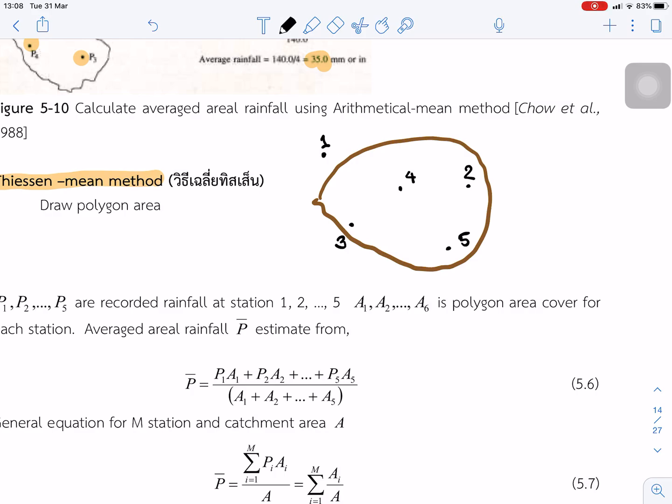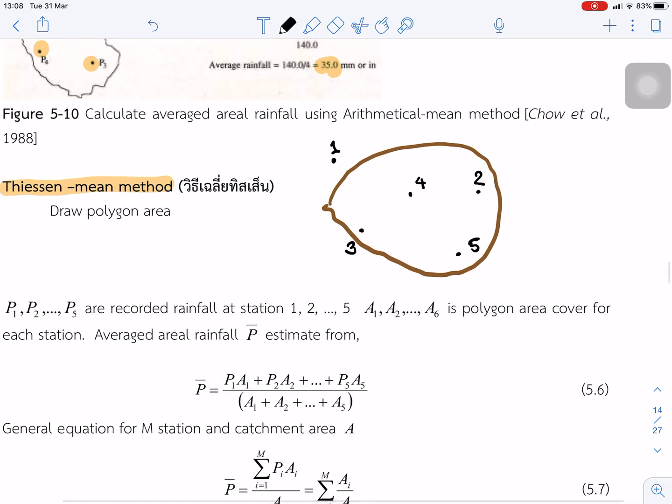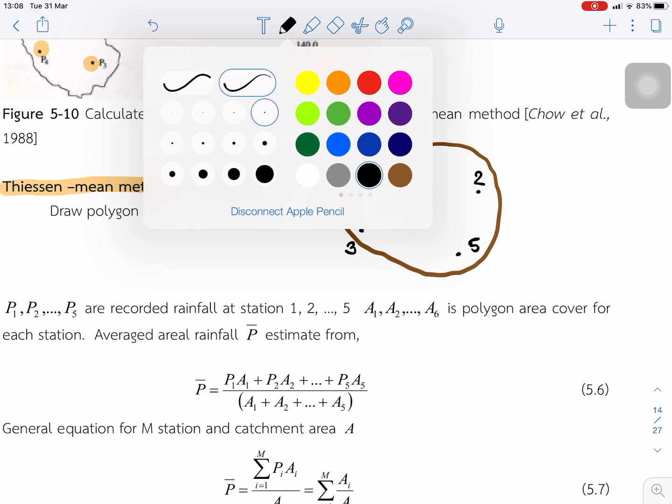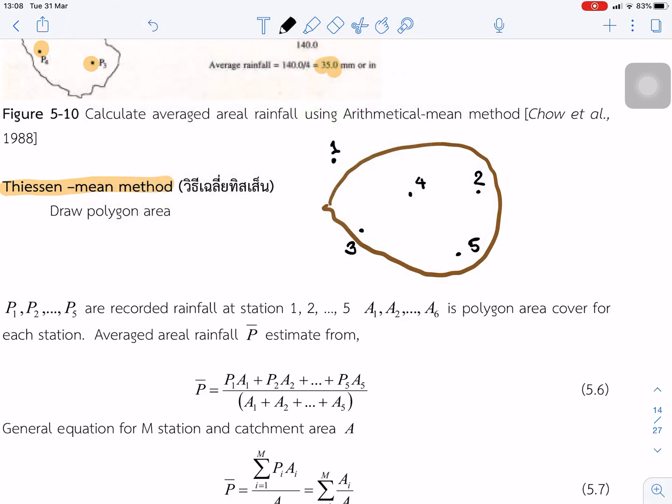Okay, how can we draw the polygon area? The first step, we have to draw connecting lines between each station. For example, we draw this, and we make a line perpendicular and equal length. We divide this length equally, perpendicular to the dashed line, to draw the red line.